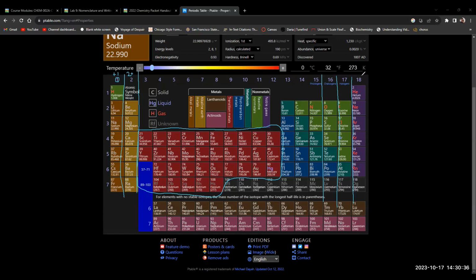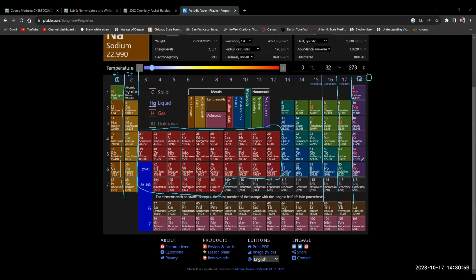Noble gases, this row 18 here, they're considered, quote unquote, perfect in a sense that they have no charge associated with them.